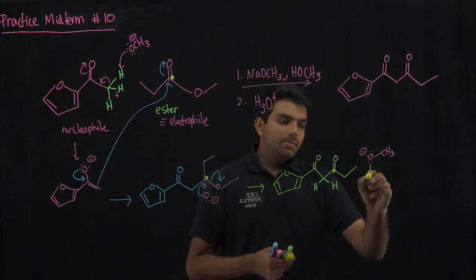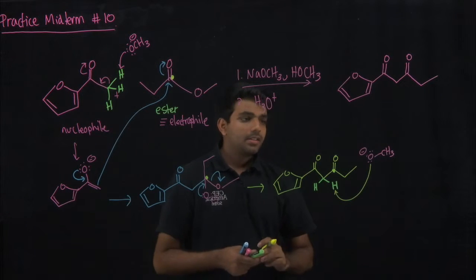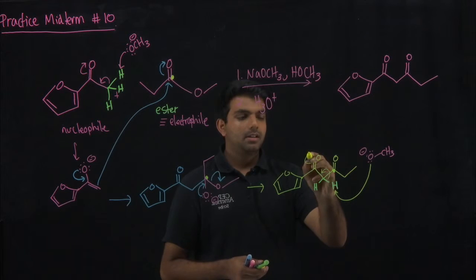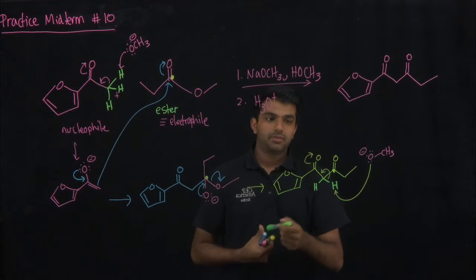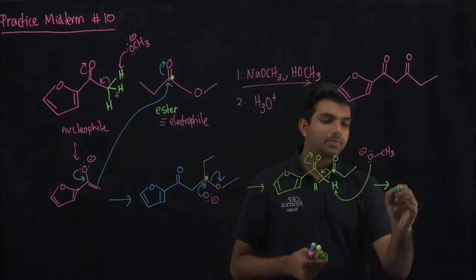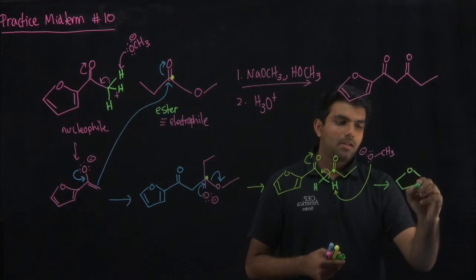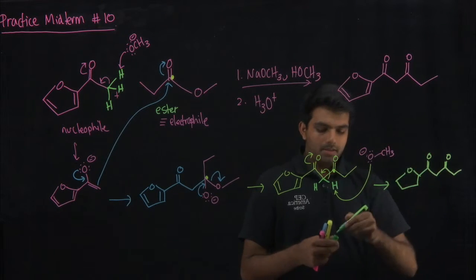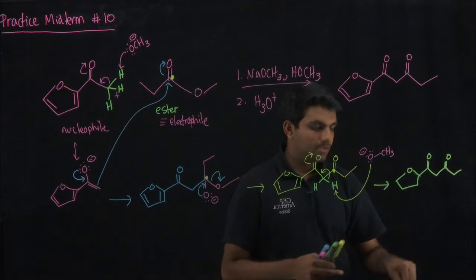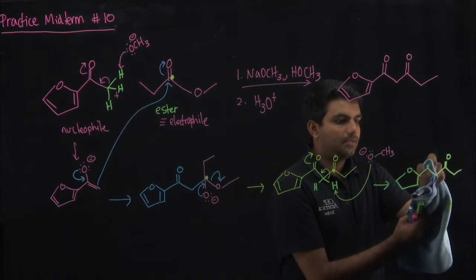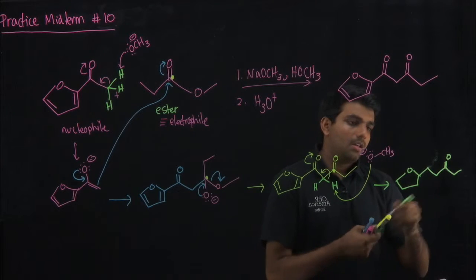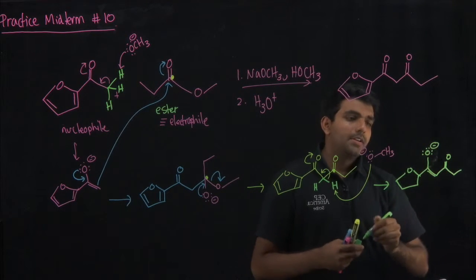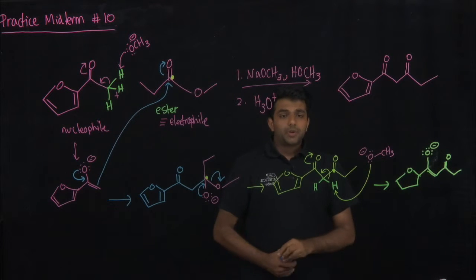And so because of the way the pKa's work out, the hydrogen will get deprotonated by this base, resulting in another enolate formation. So what you end up with, oops, I didn't draw the enolate, fix that real quick, is this compound right here.